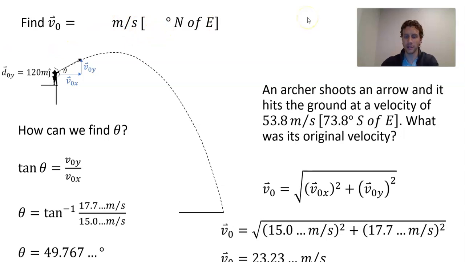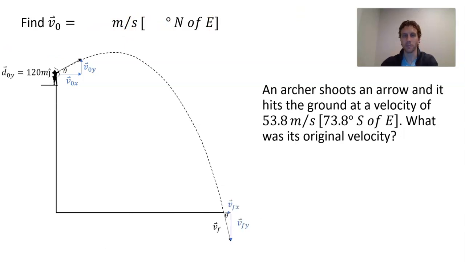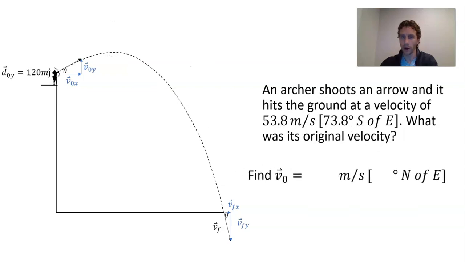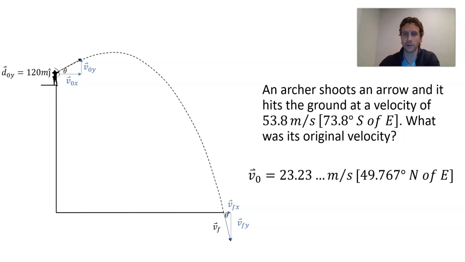We just need it in the proper number of sig figs. From our data, we've got 53.8, we've got 73.8, and we've got 120. So 120 has the fewest number of sig figs, which is actually 2 sig figs. So we want our velocity and the angle to have 2 sig figs.